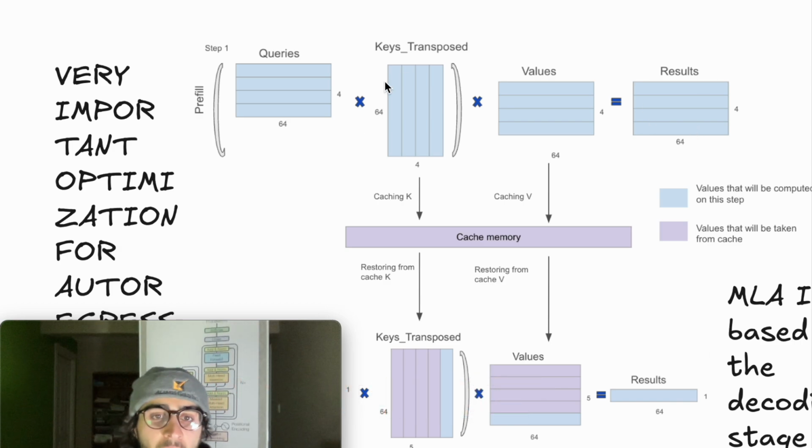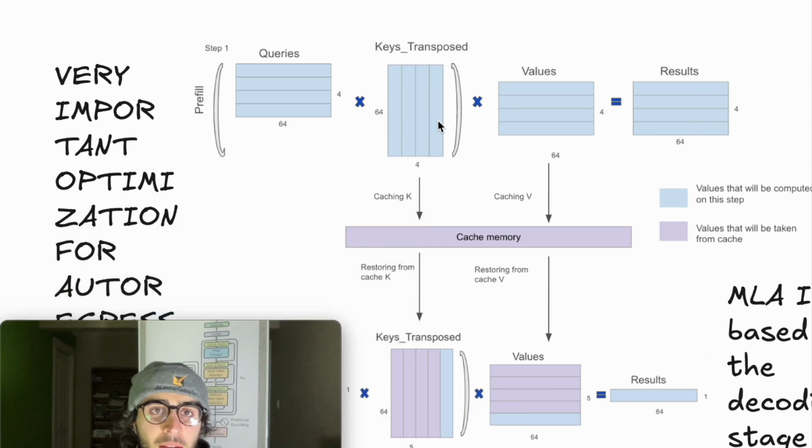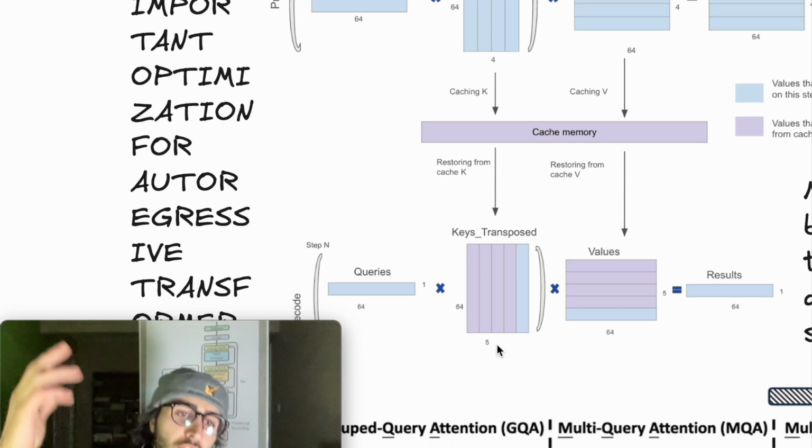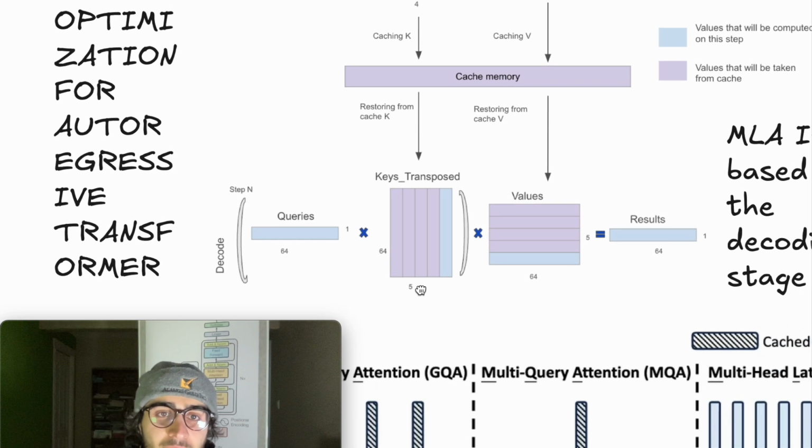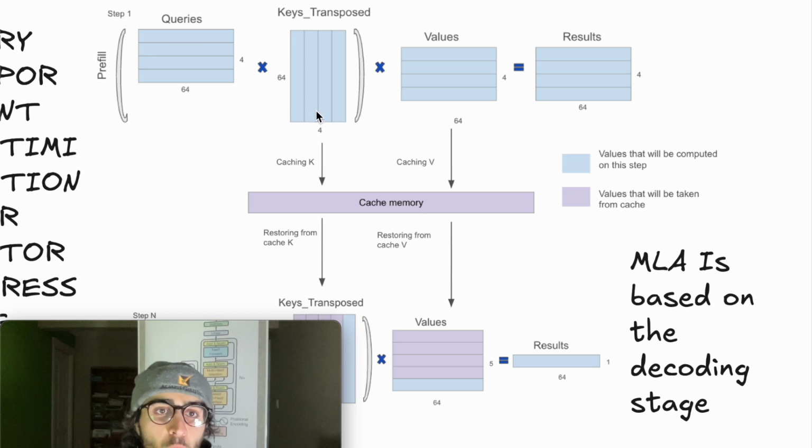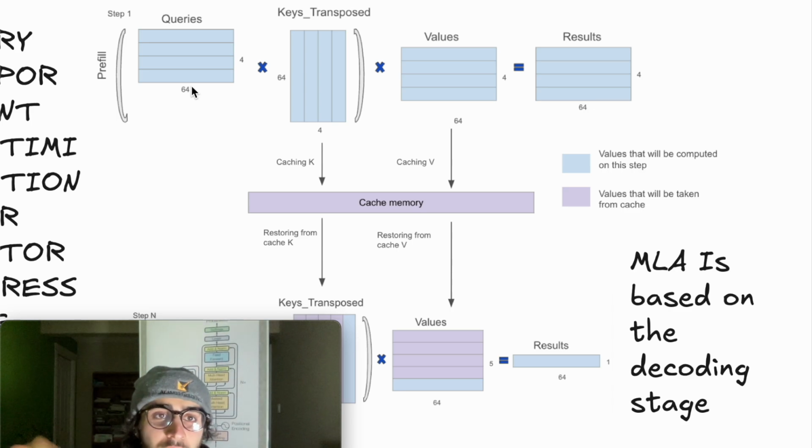So this is in prefill, and I said that our context length is 4, but in this diagram, it actually gets increased by 1. So maybe let's say that it's 5. So in this case, we don't need to recompute our keys multiplied by the previous 4 queries, which are the input to the model.